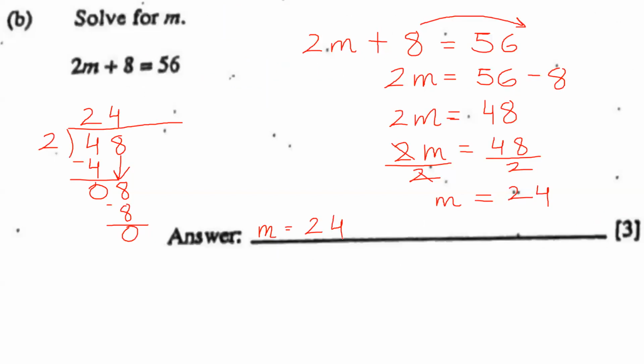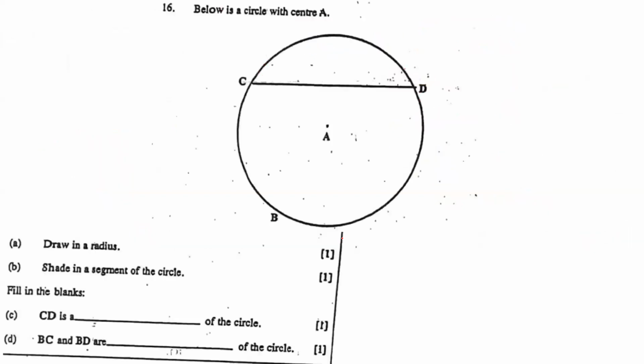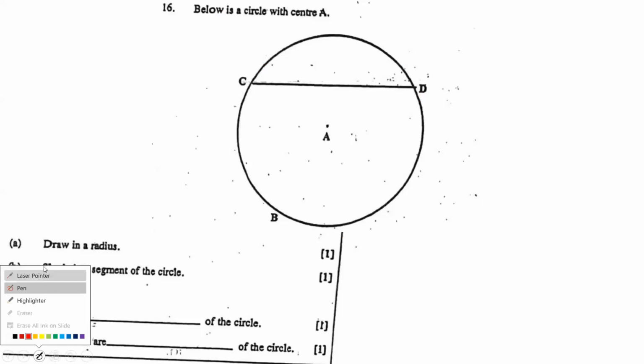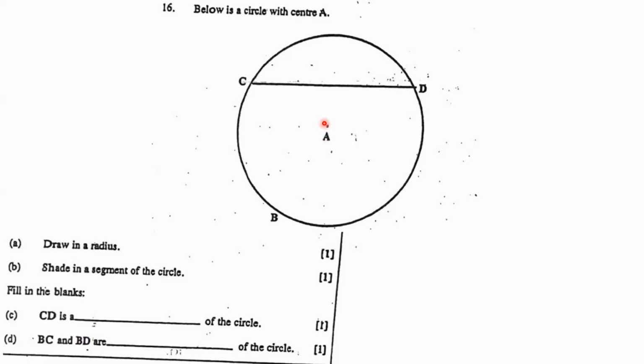So let's move on. There is a number 16. Okay, good. So for number 16, they asked us to do what? They said below is a circle. So below you have a circle with center A. They're saying, draw in a radius.